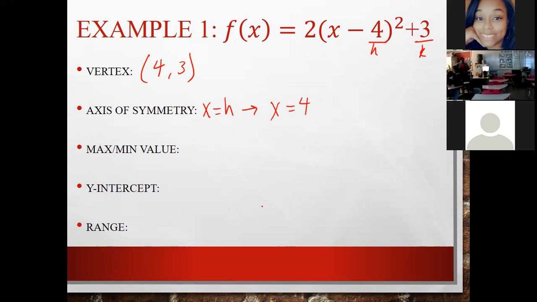Your max and min value. So in this case, am I going to have a max or a min based on what I have here? It's a minimum. So I'm looking for the minimum value. And what do we say when it's asking for your value? It's just your what? It's just the y value. What is your y value? y equals 3.